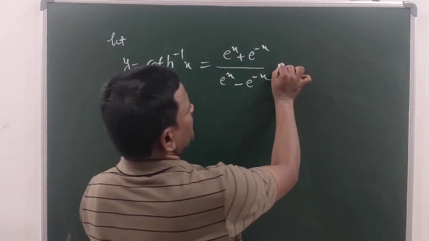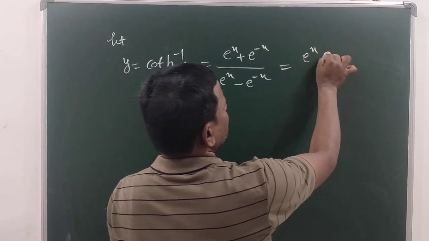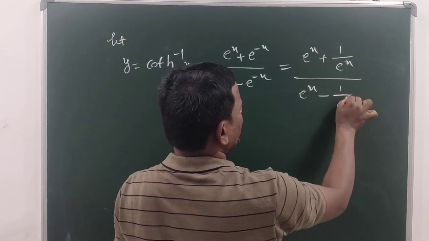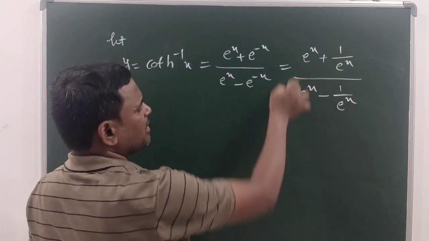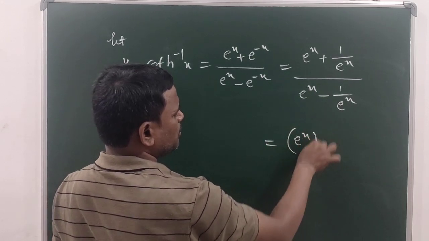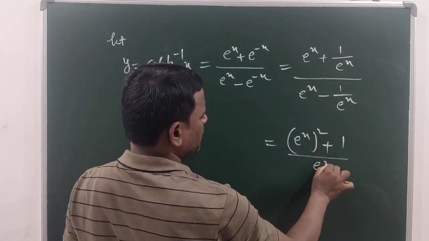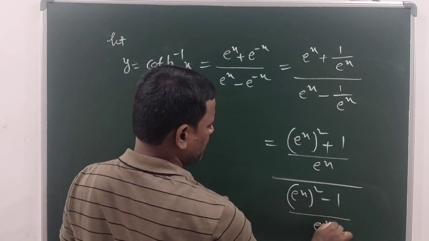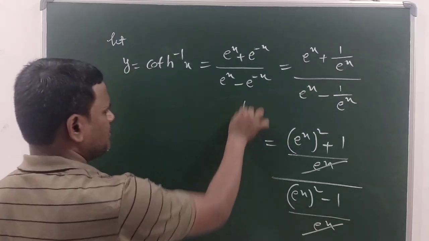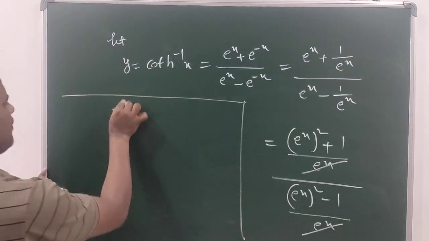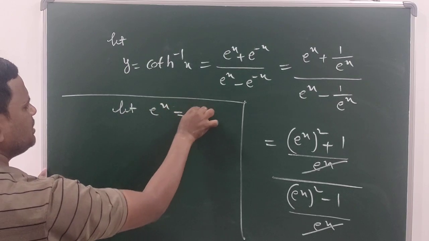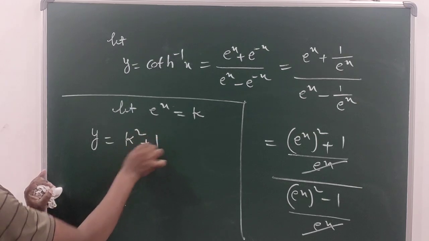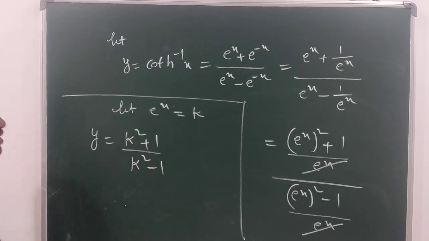So e power x, this can be written as 1 by e power x by e power x minus 1 by e power x. When you take cross multiplication, you get e power x whole square plus 1 by e power x whole by e power x whole square minus 1 by e power x. Both get cancelled. Hereafter, now let us take e power x equal to k. Now y equal to k square plus 1 by k square minus 1 you will get.